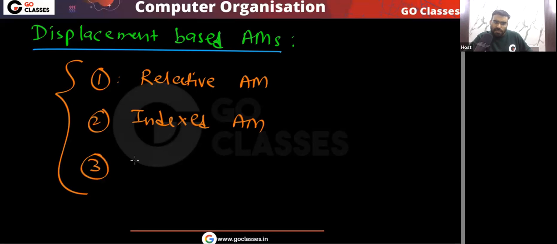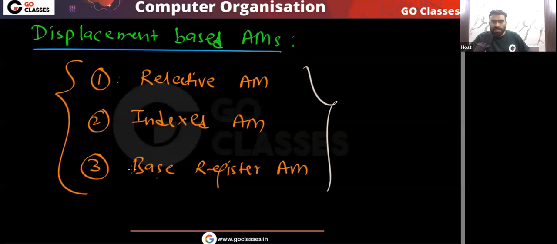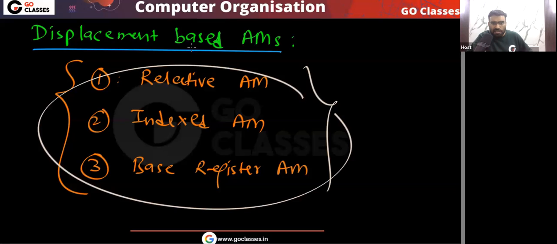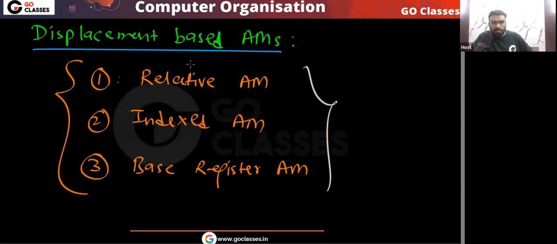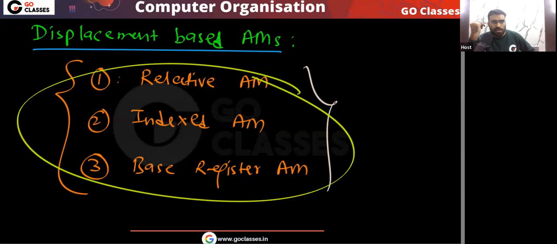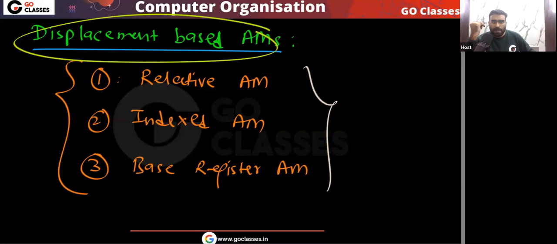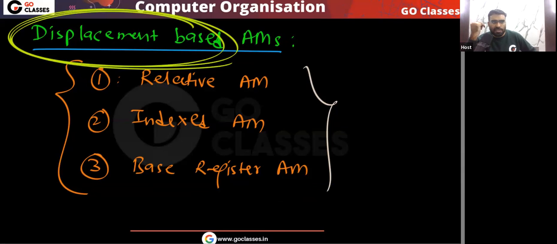And another is base register addressing mode. These 3 addressing modes are put in the category of displacement based addressing modes, meaning in these 3 addressing modes the calculation is very similar.